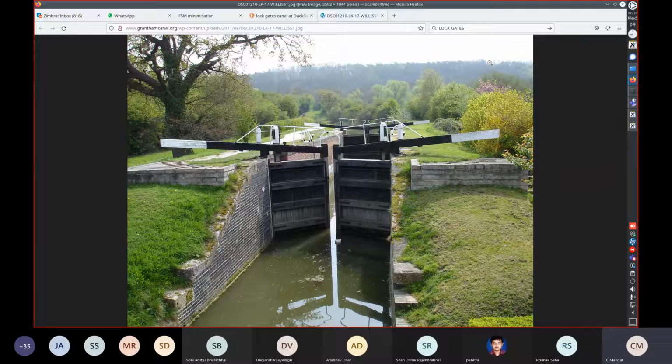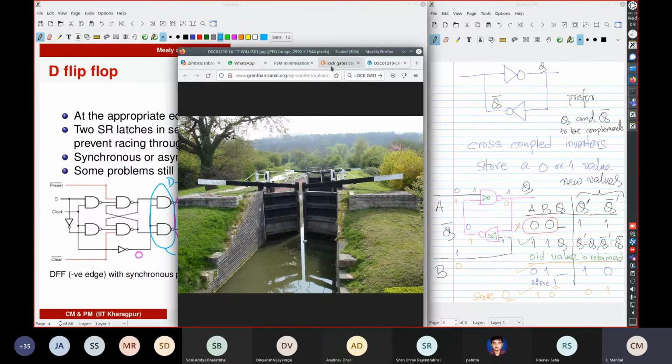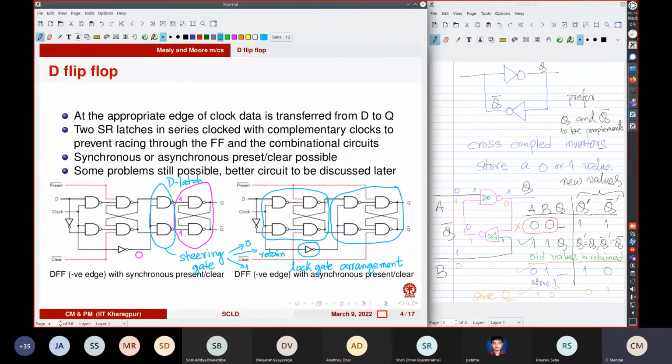So this one is similar. Here, the data can't just rush through these two stages. It can, because of this log gate arrangement.